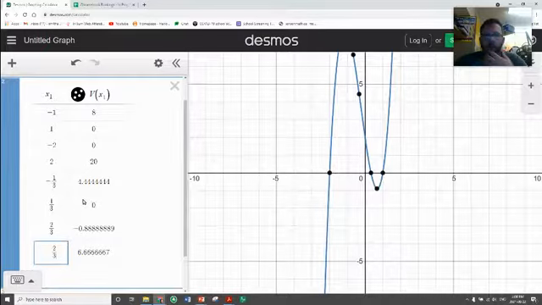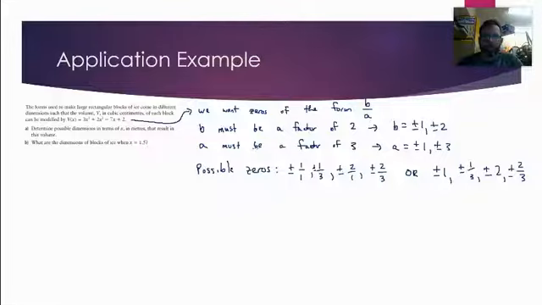So let's get these results back in our note, talk about what factors these values correspond to, and then we'll wrap the question up. So we saw that v at 1, v at 2, and v at a third all gave 0.